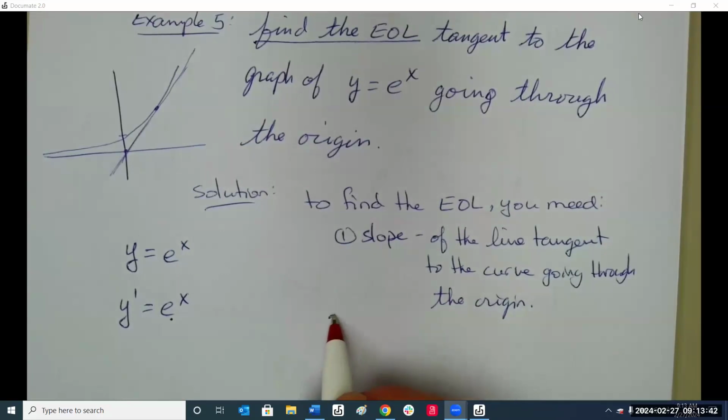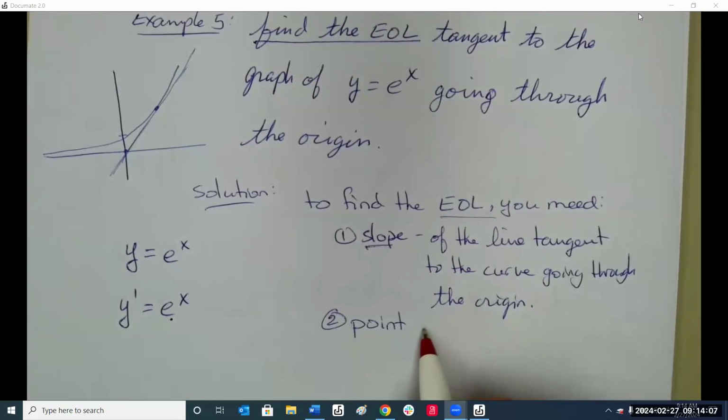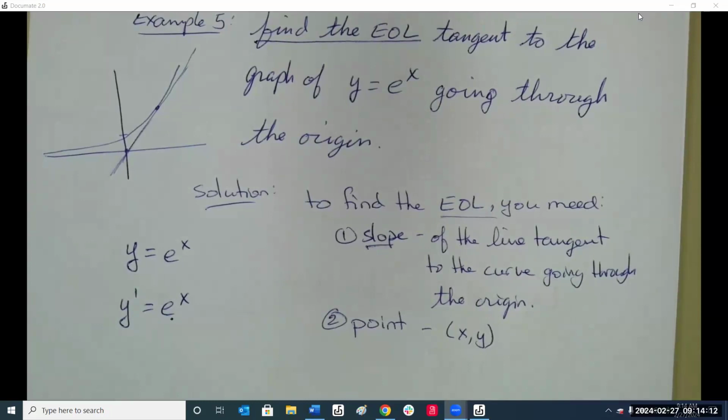You need a slope, and what else do you need? To find an equation of a line, what two things do you need? Minimum. You need a point. Do we have a point? The origin. What's the coordinate of the origin?